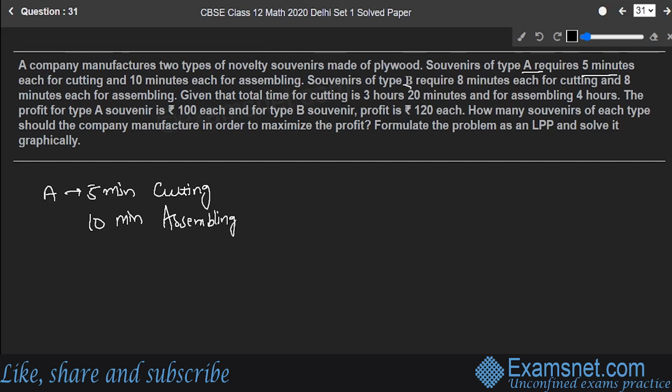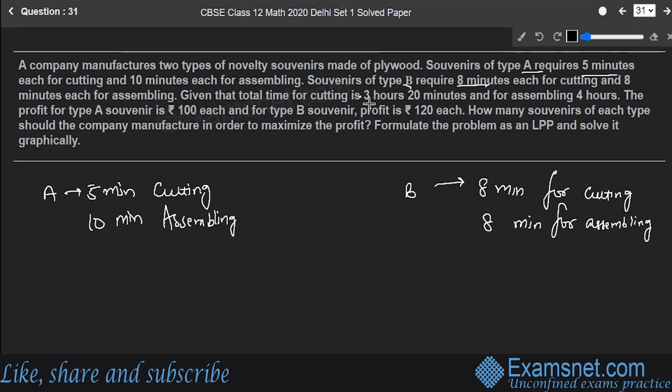And for type B, it requires 8 minutes for cutting and 8 minutes for assembling. Given that the total time for cutting is 3 hours 20 minutes, and the total time for assembling is 4 hours.